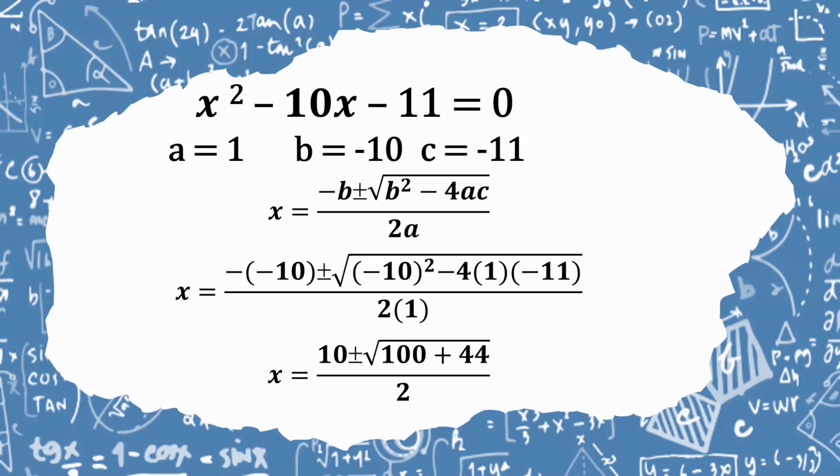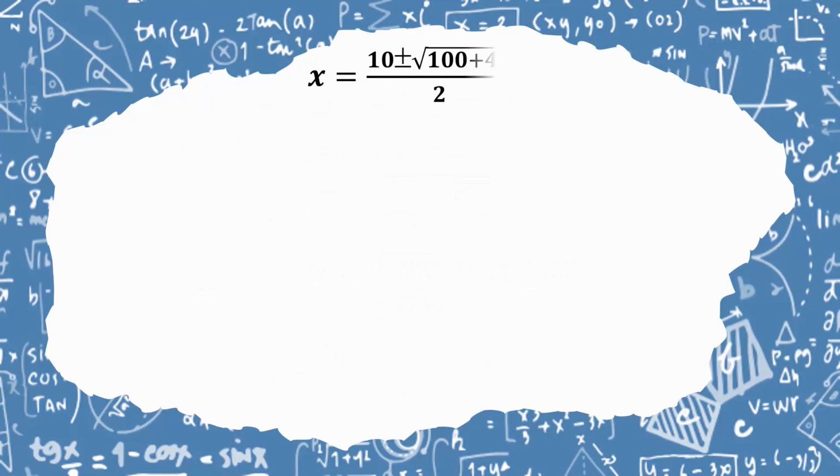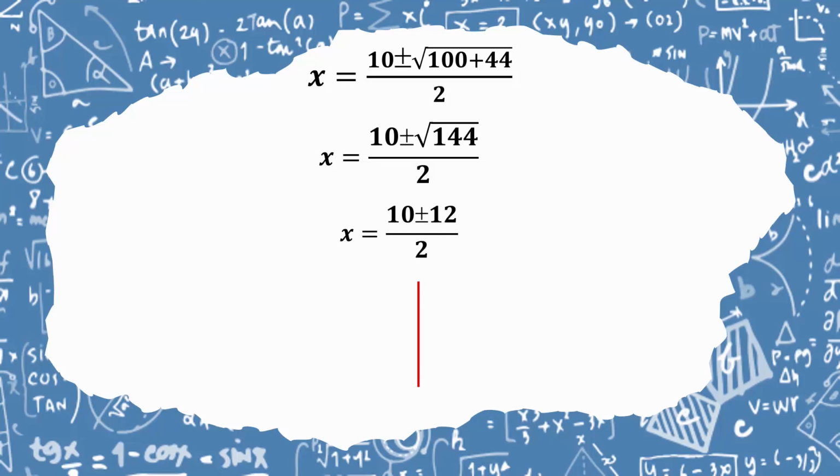So we have 10 plus or minus the square root of 100 plus 44 all over 2. Simplifying it further, we have x is equal to 10 plus or minus the square root of 144 all over 2, which will give us the two equations.